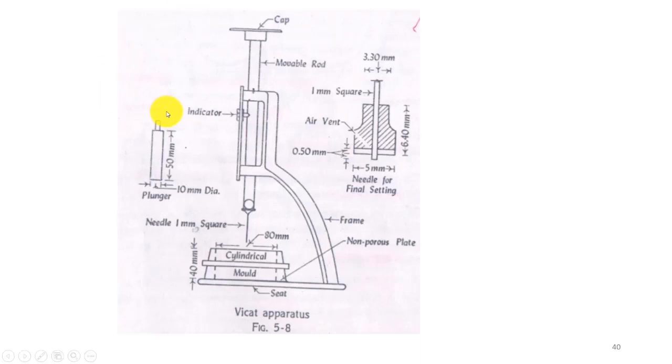This is a Vicat mold, Vicat apparatus. You can see that this is a cylindrical mold, 40 height, and this is a Vicat needle with around 1 square millimeter thickness, and the plunger has a 10 diameter and 50 height. For the setting time, you use this needle of 1 square millimeter.